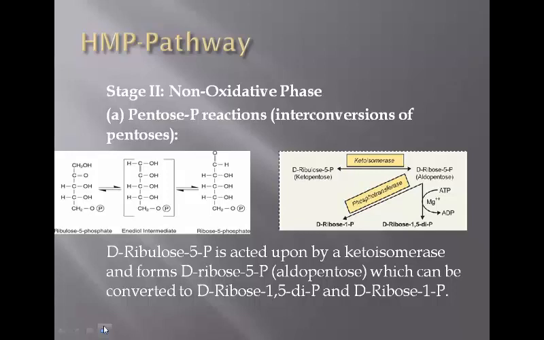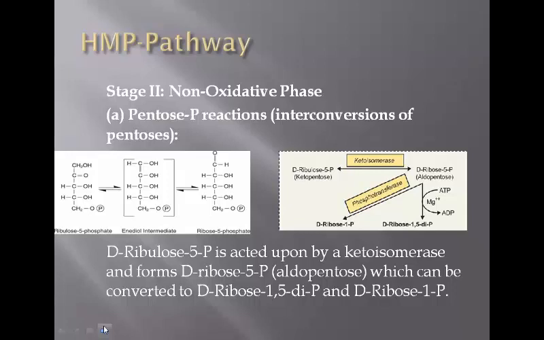So in the first, pentose phosphate reactions, the ribulose 5-phosphate which is formed is converted to an aldose sugar by keto isomerase, which has two further options.